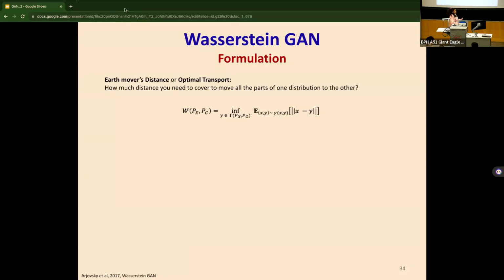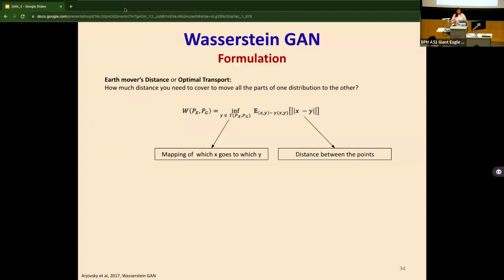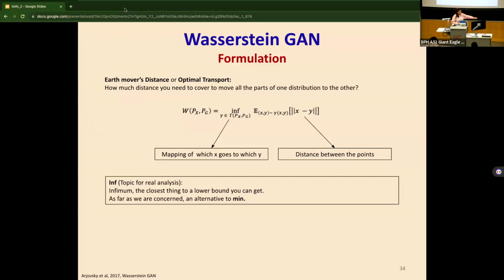So what this basically is, it's the infimum over the joint distribution of the probability distributions of x and y, with respect to the correlation of x and y, which is nothing but the mapping of which x goes to which y, which is what we were trying to do, right? And it's multiplied by the distance between the points x and y, okay? So gamma over here basically tells you how this x value goes to y.